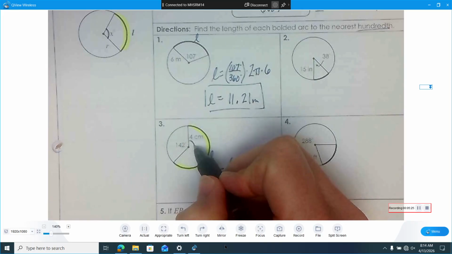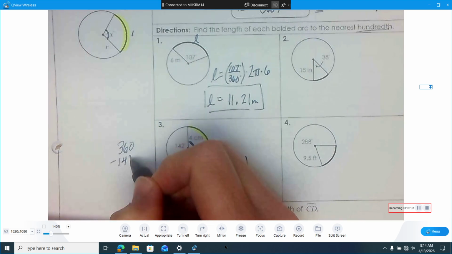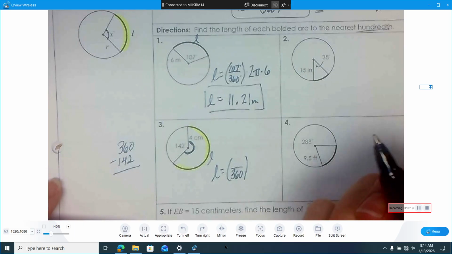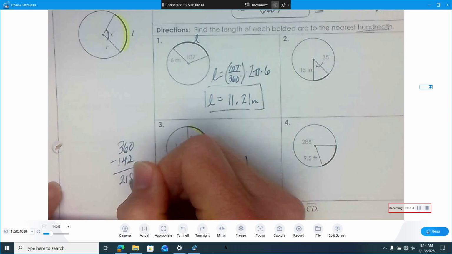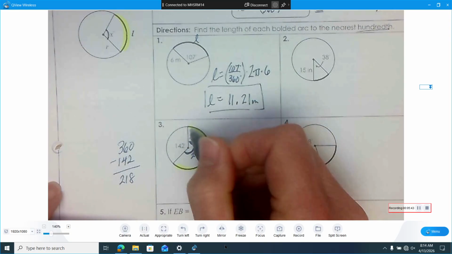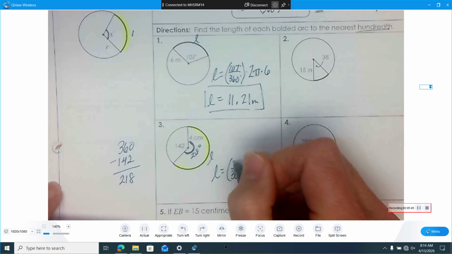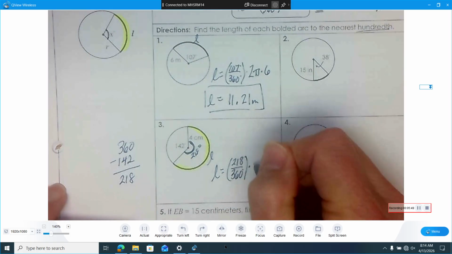Yeah, I need the central angle right here. The other side is 142. So 360 minus 142 is, as you said, 218. So 218 degrees is our corresponding central angle. So 218 degrees out of 360 degrees times 2 times pi times radius.